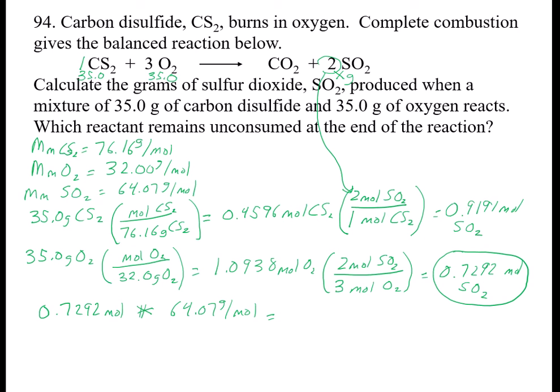I have to go back to my calculator because that's not what I should have gotten. 0.7292 times 64.07, that's a much better number. I get 46.72 grams of SO2. So that's the answer to the first part, calculate the grams.